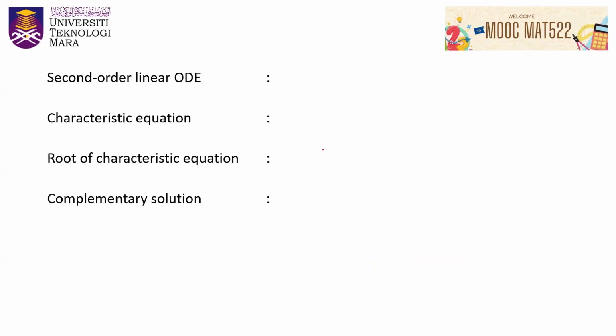For the second-order linear ODE x'' + 64x = 0, the associated characteristic equation will be lambda squared + 64 = 0.